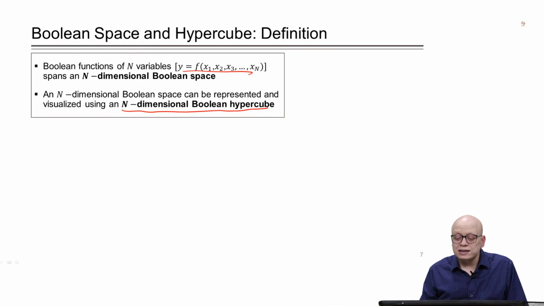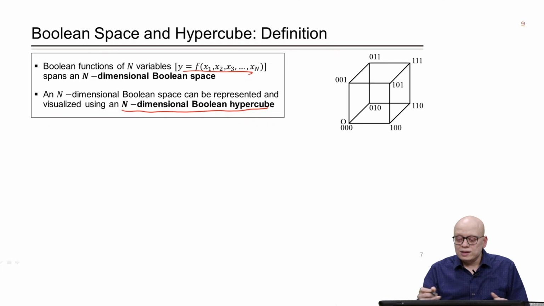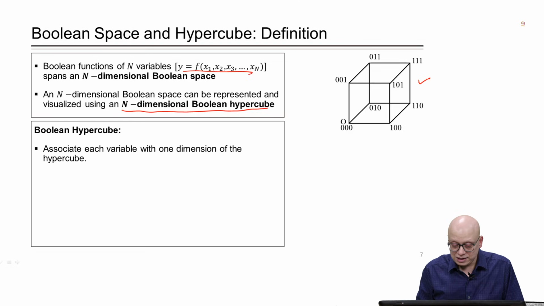Let us take n equal to 3, because a 3-dimensional hypercube we can easily visualize. This figure is an example of a 3-dimensional Boolean hypercube, and we can associate each variable with one dimension of the hypercube.